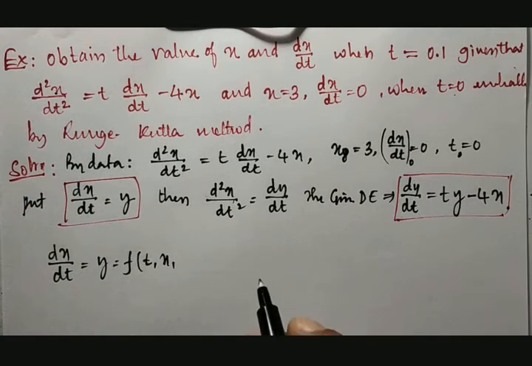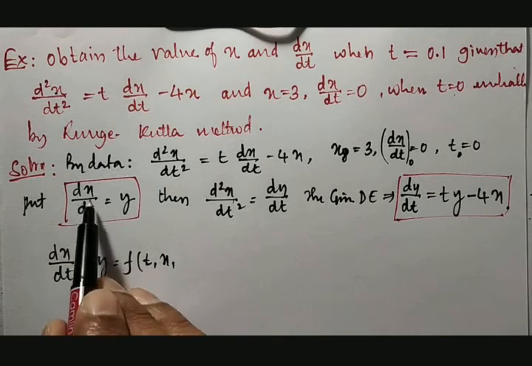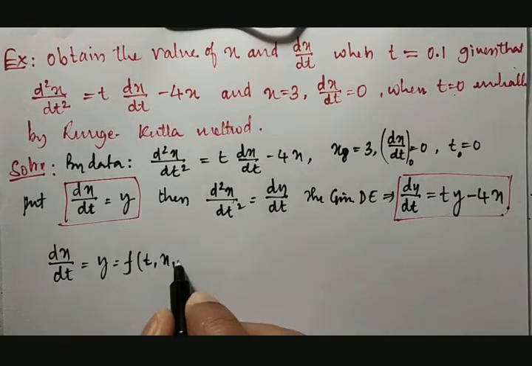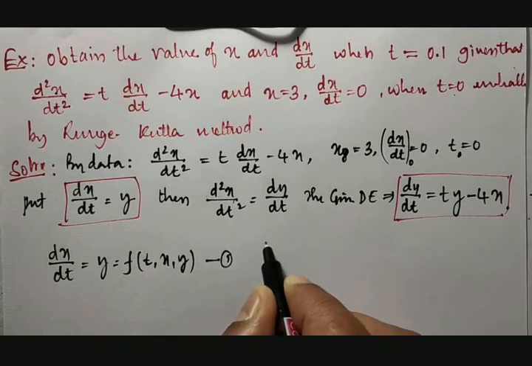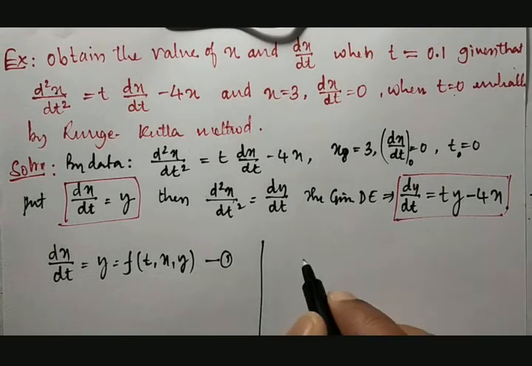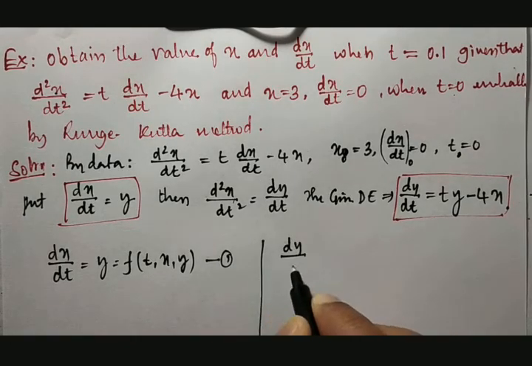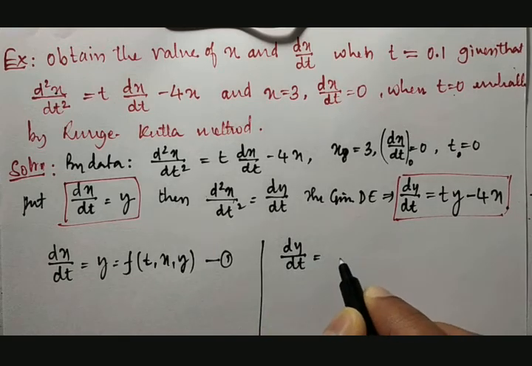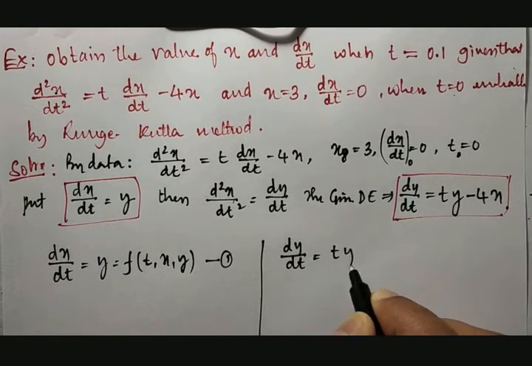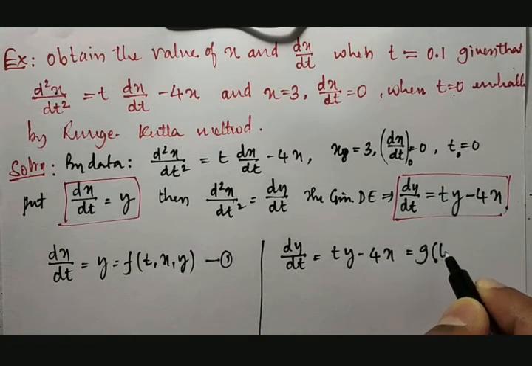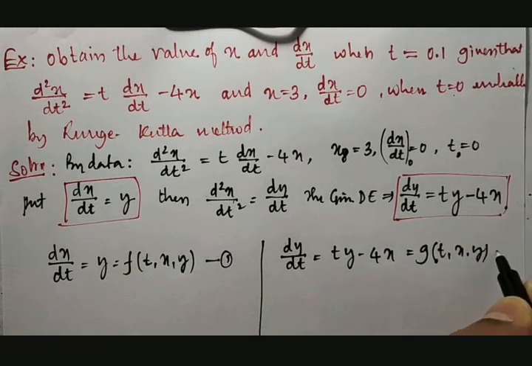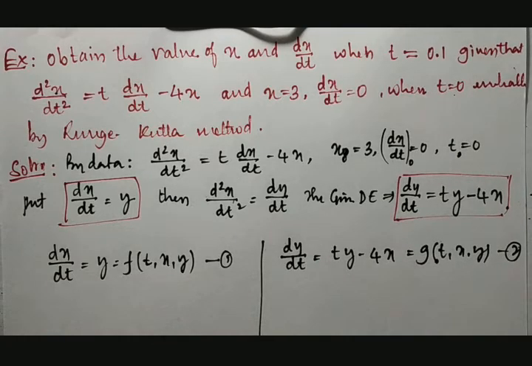Then comes x dash. x dash means differentiation of this is y. So y. I'll be calling it equation number 1. Similarly, the second one, dy by dt is equal to ty minus 4x. This will be taken as g of t comma x comma y, equation number 2.